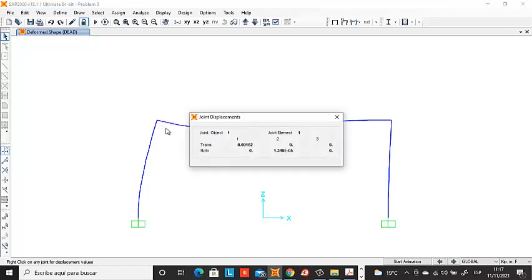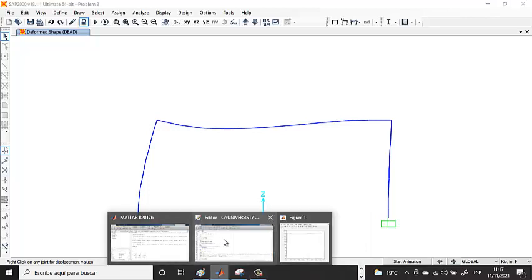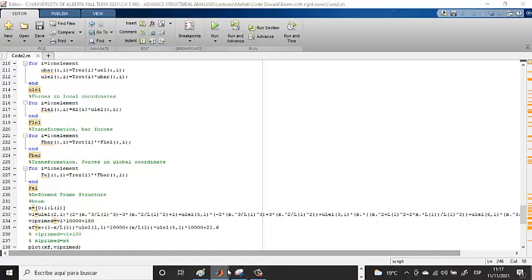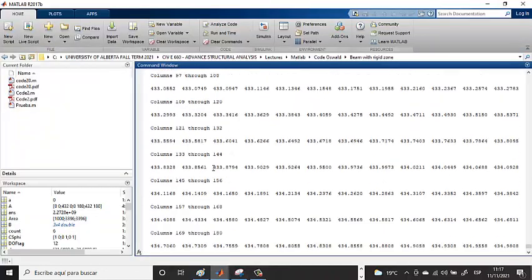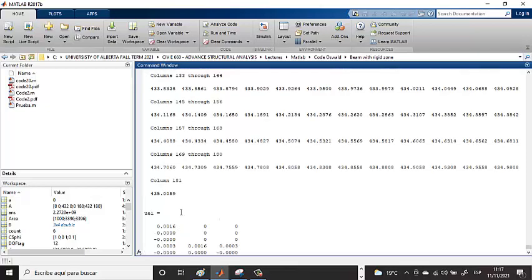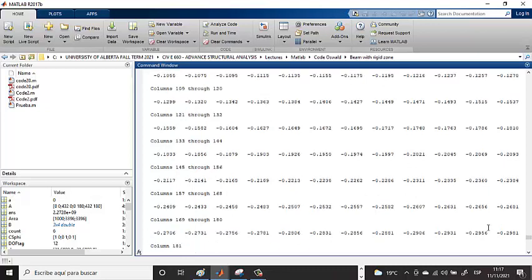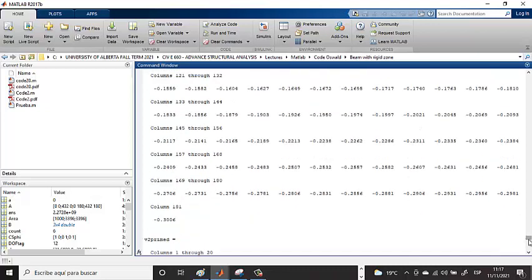Now we also need to check the translation and rotation at the ends of the elements. When we solve the problem, MATLAB gives us the results at the end of the element.